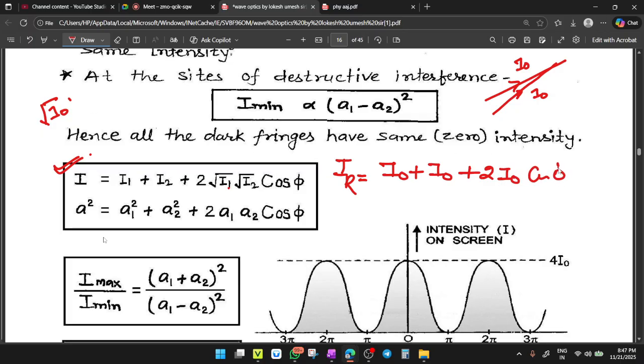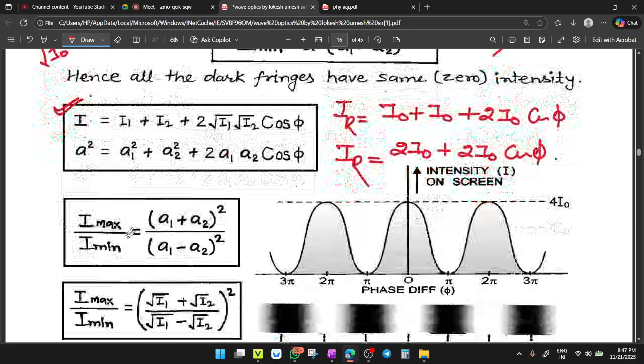Clear? So the resultant intensity becomes 2 I naught plus 2 I naught cos phi.